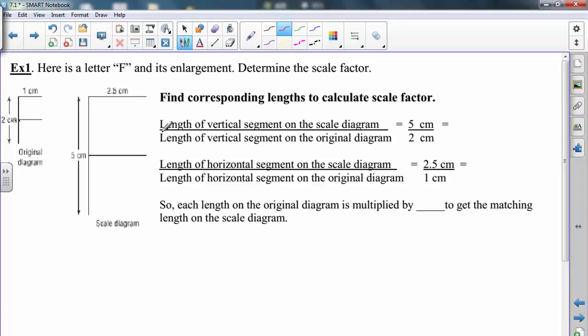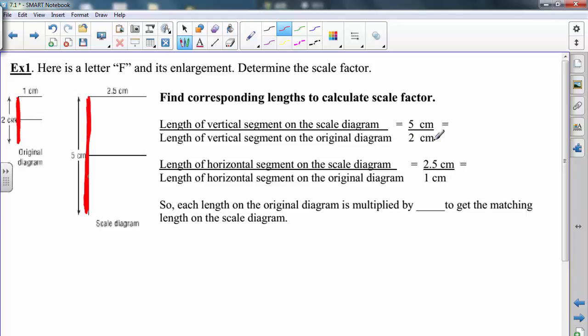I will look at the length of the vertical segment on the scale diagram, which is here. This one is 5 centimeters. So I will write 5 centimeters on the top in the fraction. The bottom is the length of the vertical segment on the original diagram. Its corresponding length is here.